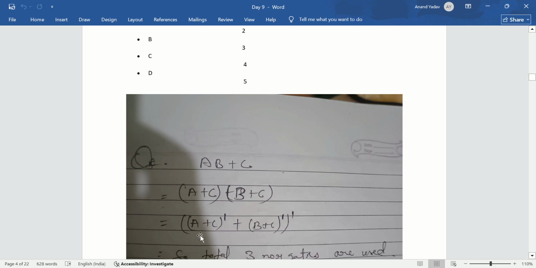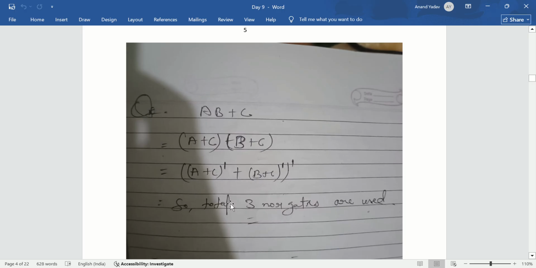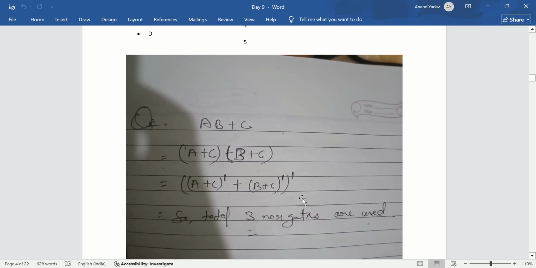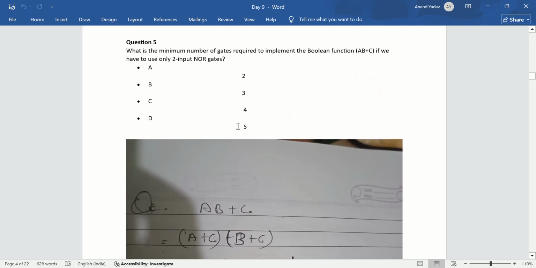Then I will get this. Now I can apply NOR gates easily. So for this one is one NOR gate, and for this one more, and then for the whole one more also. So three NOR gates are required. So the answer for this question is 3.